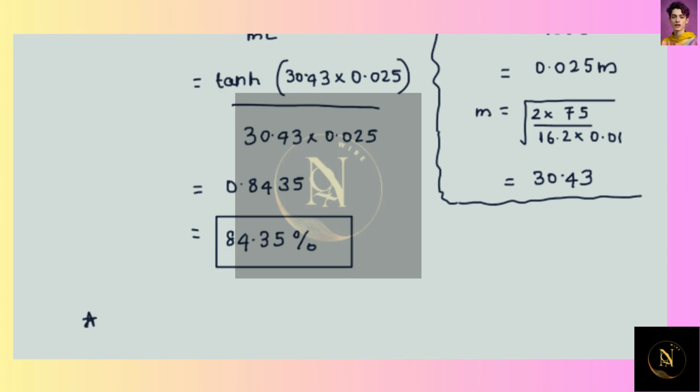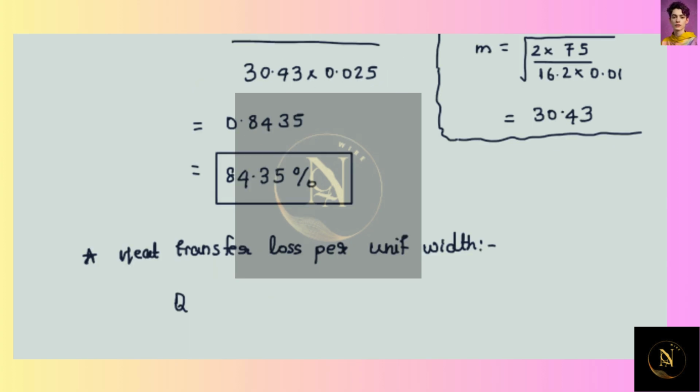Now we need to calculate heat transfer loss per unit width when thickness t is equal to 10 mm. The equation is heat transfer loss of the fin equal to efficiency of the fin into h into area of the fin into the temperature difference.